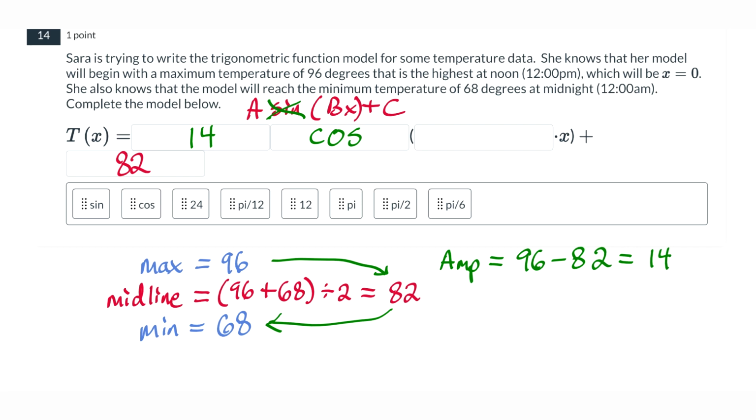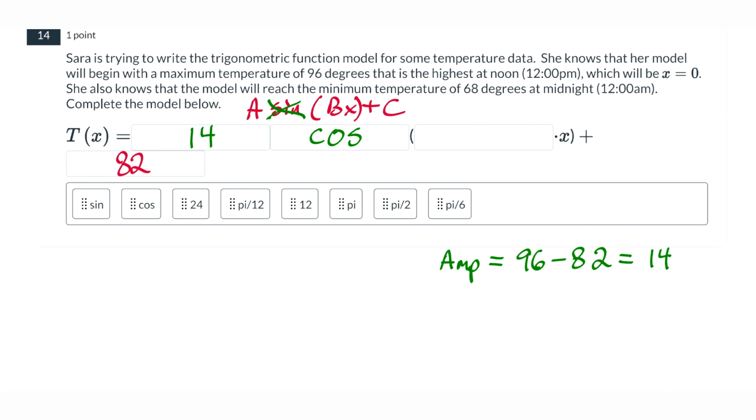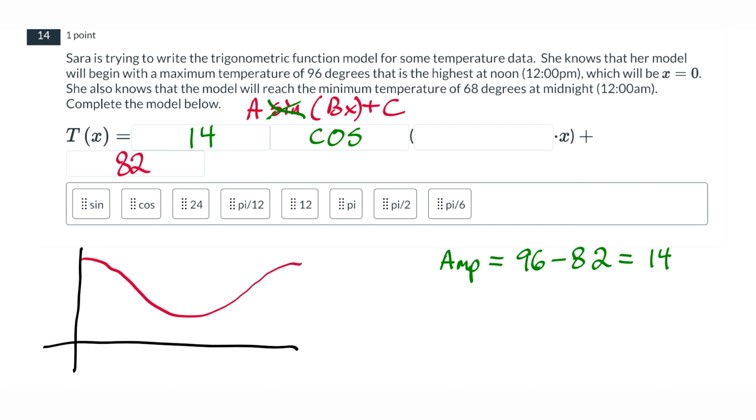So let's see here. It says this model will reach the minimum temperature at midnight, but my model starts at noon. So to go from maximum to minimum, it takes 12 hours. Think with me for a moment here. If I have my model and the graph looks something like this, right, that's cosine, max to max.